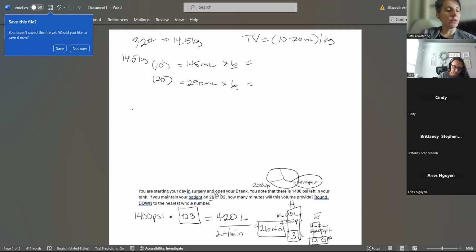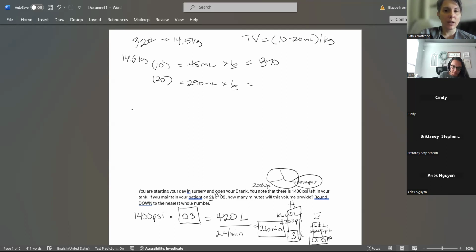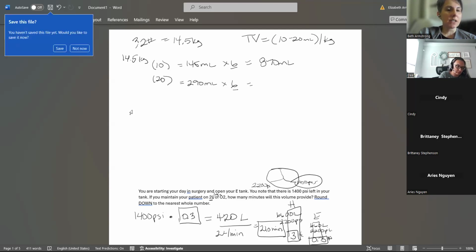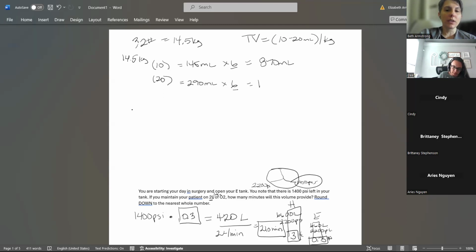So we're going to take 145 times 6, and we get 870 mLs. All right. And if we take that 290 times 6, what do we get? 1,740 mLs.